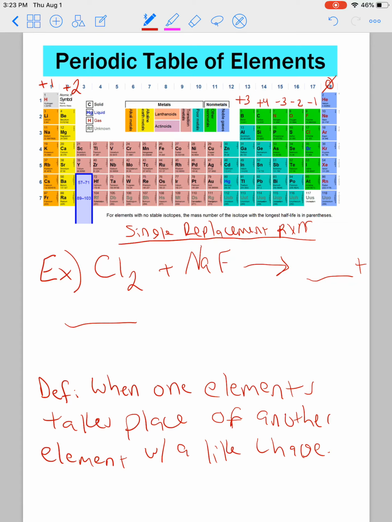Okay, so this is when one element, so here's our one element in this example, it's going to take place of another element with its like charge.